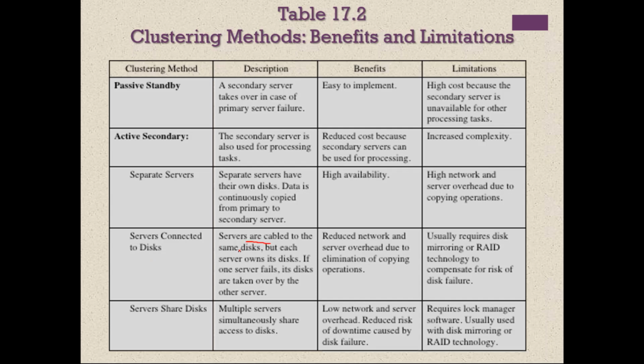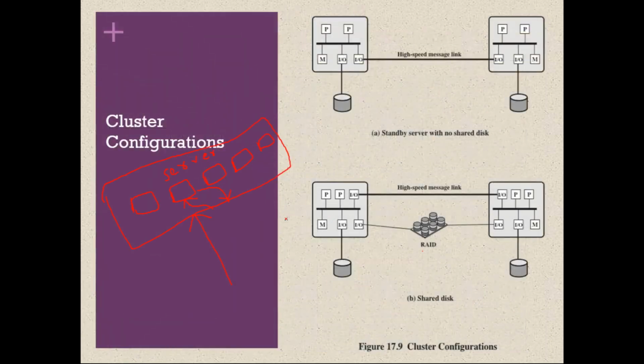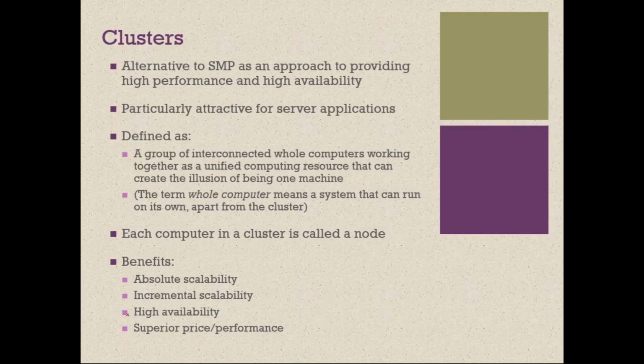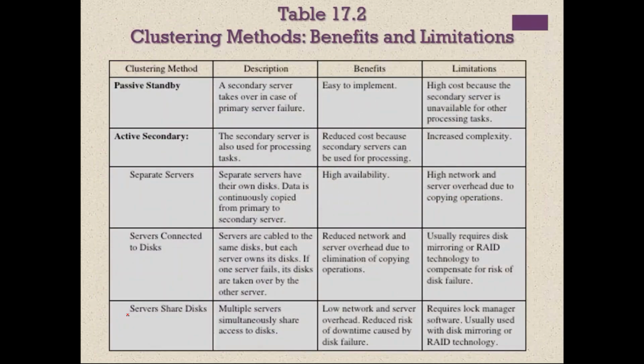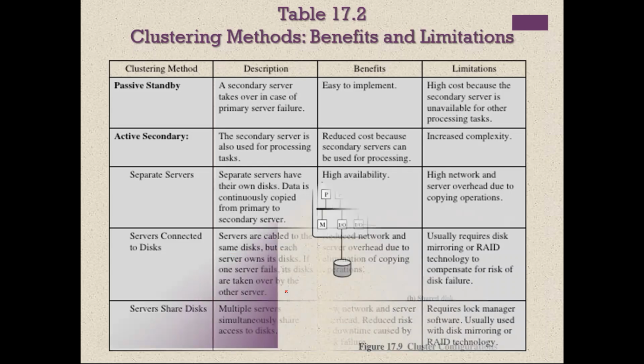Servers are cabled to the same disks, but each server also has its own disks. If one server fails, its disks are taken over by the other server. This is similar to the second model we are discussing, servers connected to common disks. As long as the server does not fail, its disks won't be taken over.